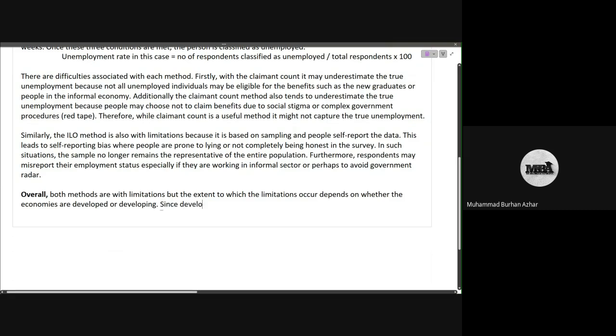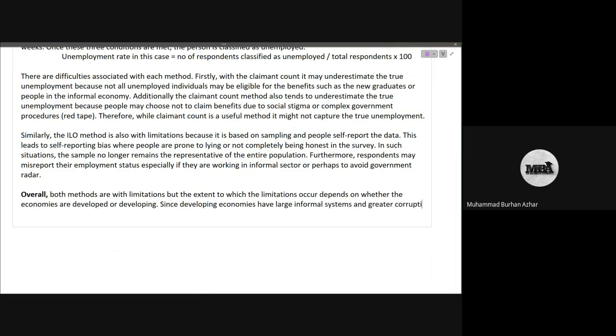Since developing economies have large informal systems and greater corruption and weak government controls, both methods in this case will misrepresent the true economic situation.